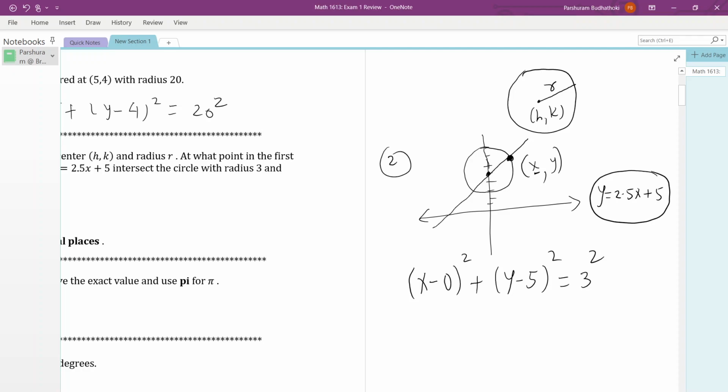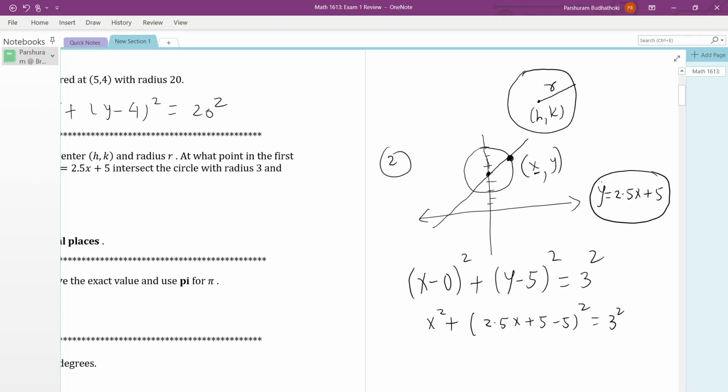So let's do that. This is basically x squared plus, if we want to find the point of intersection, we need to substitute y equals 2.5x plus 5 here. So if I do that, 2.5x plus 5, minus 5, we're trying to find the point of intersection of this circle and this line.